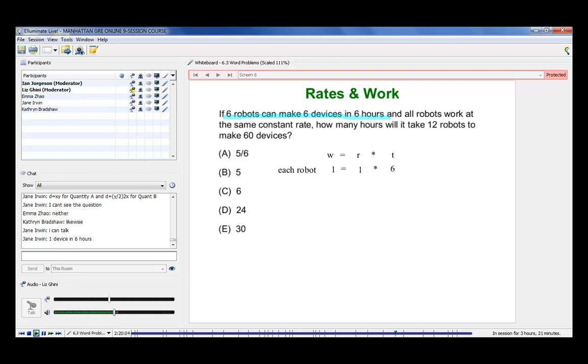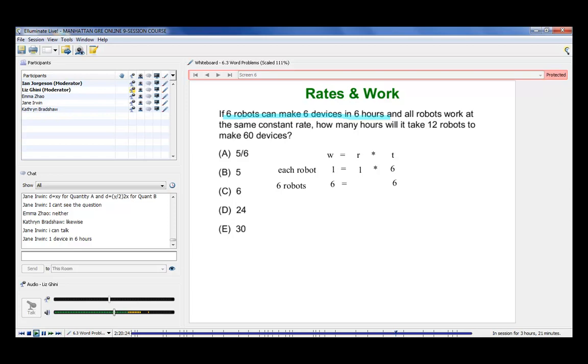So 6 robots, I know, could do 6 devices. All right, it's going to take them 6 hours to produce 6 devices.